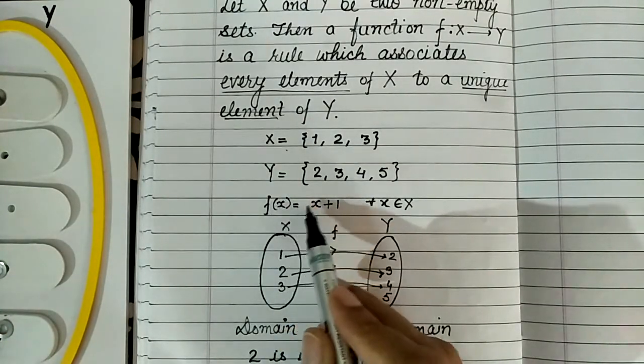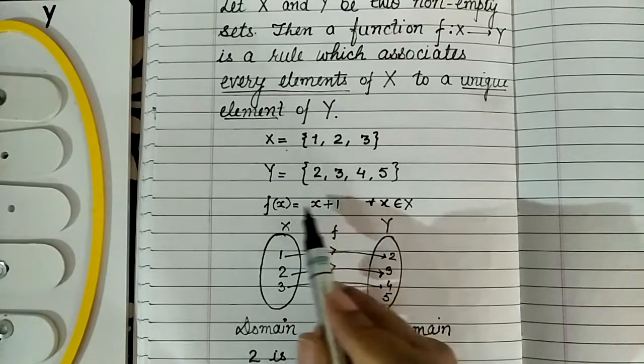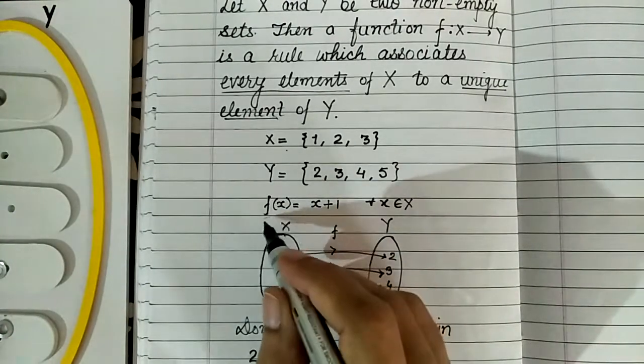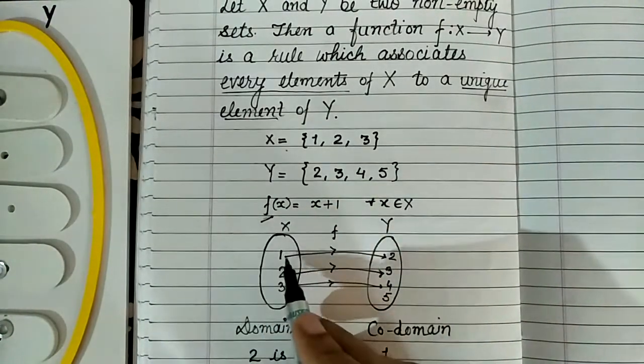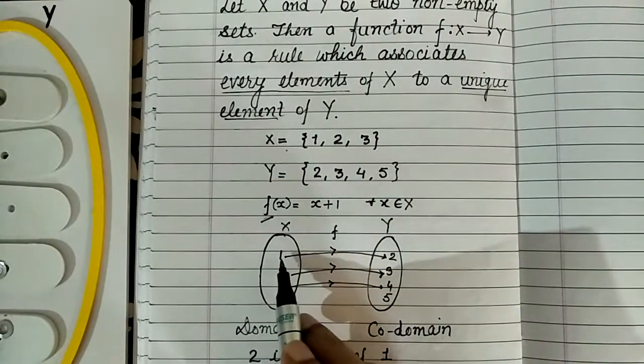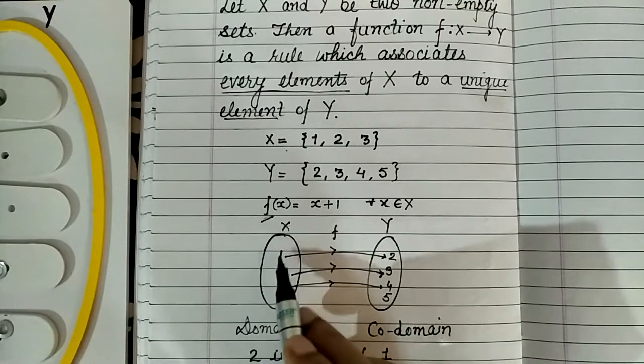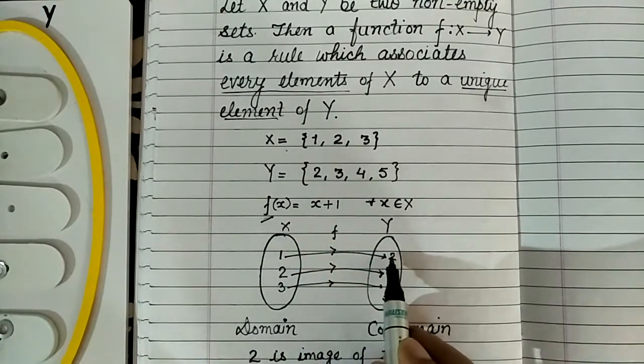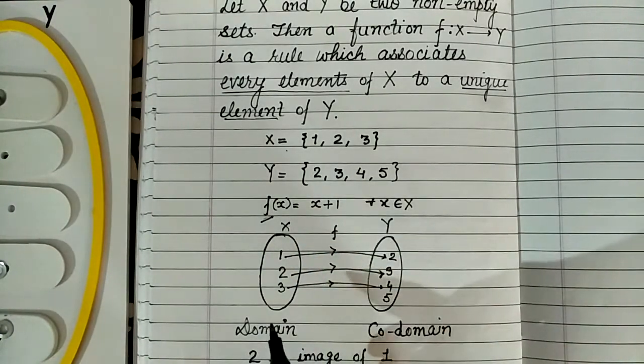f of 1 is equal to 1 plus 1, that is 2. This is the rule f which is associating 1 with 2. 1, an element of x, is associated with 2. 2 is an element of y.